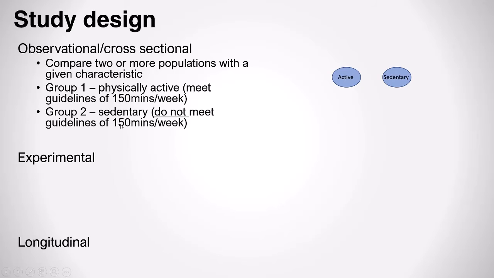Sedentary would be a lot less than just not meeting activity guidelines. Or you could just compare and see if there's any relationships between the two, if you've got two continuous variables.